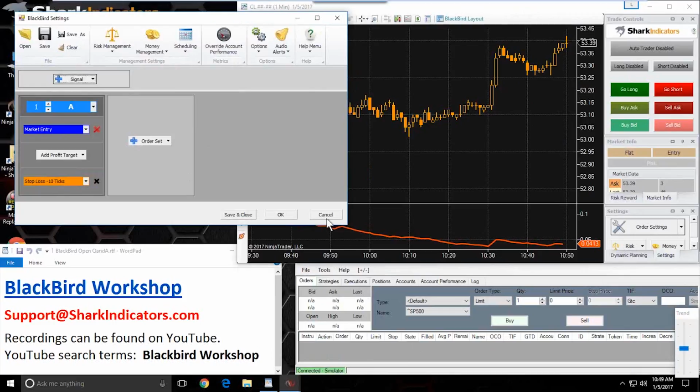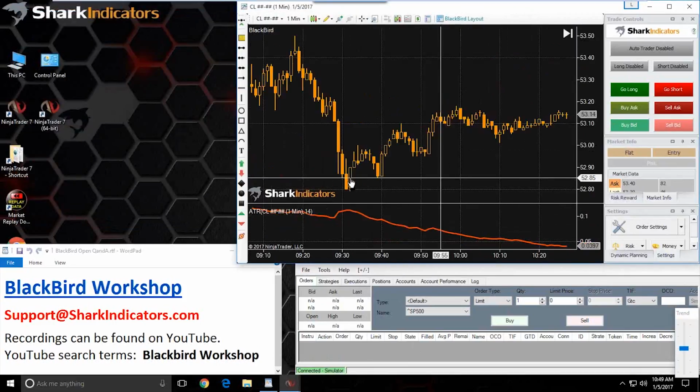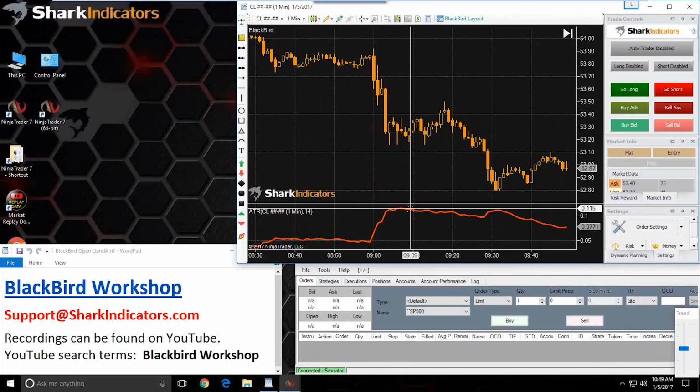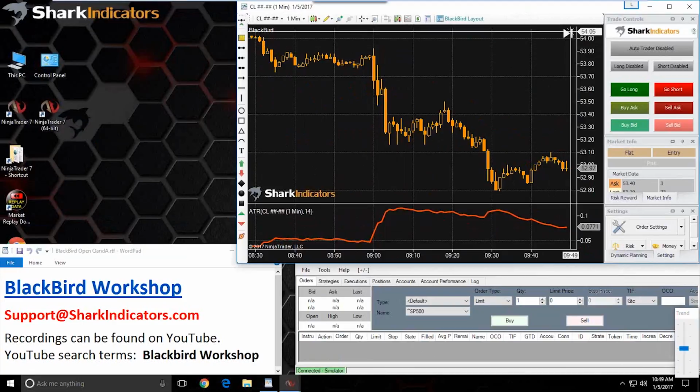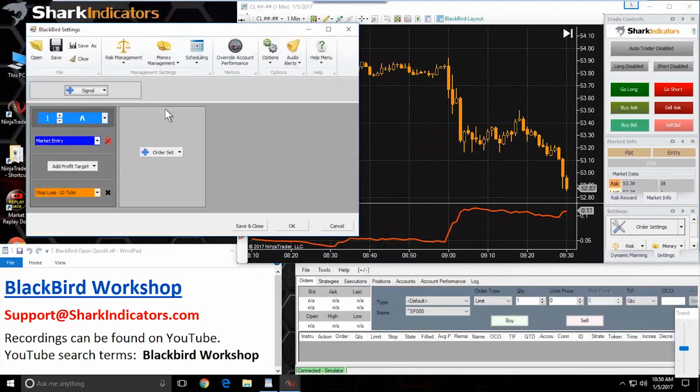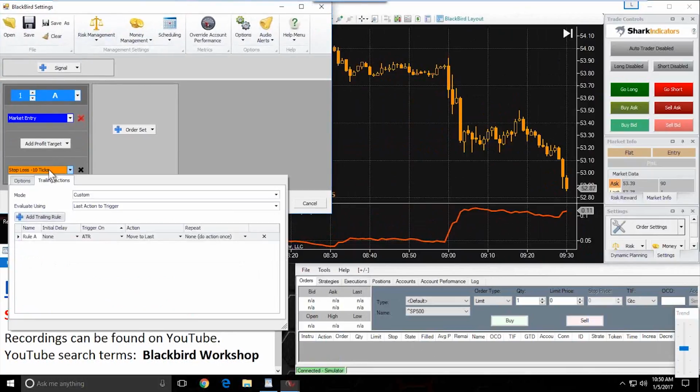Okay, so we've got an ATR here. Let's say we're looking for an ATR that says 0.11. That could be a triggering event. If your ATR gets up to 0.11, at least on oil, that could be a triggering event to do something. So let's get back into this trailing rule here.